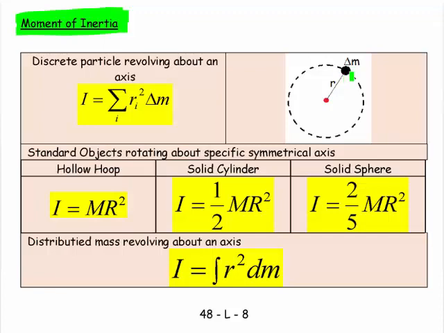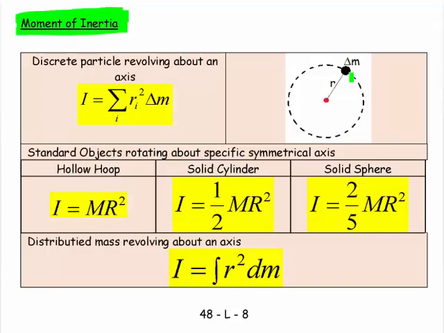How do we find it? And it turns out that the moment of inertia for a discrete particle, for a particle by itself, is equal to, well, the mass of the particle times its distance from the turning axis squared.